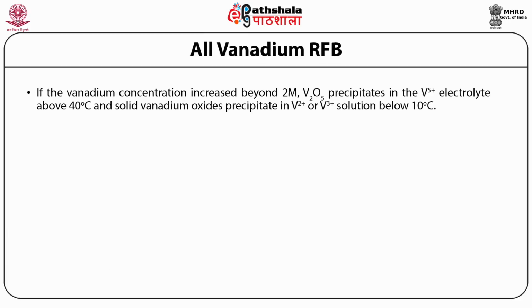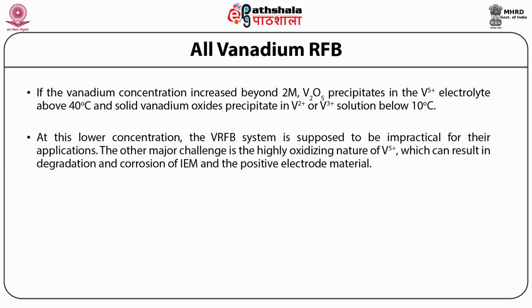If the vanadium concentration is increased beyond 2 molar, V2O5 precipitates in the V5+ electrolyte above 40 degrees Celsius, and solid vanadium oxides precipitate in V2+ or V3+ solution below 10 degrees Celsius. Even with the positive effects of additives, the vanadium concentration remains limited to below 2 molar for most practical batteries. At this lower concentration, the VRFB system is supposed to be impractical for some applications.